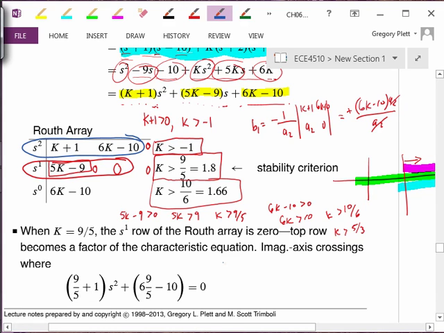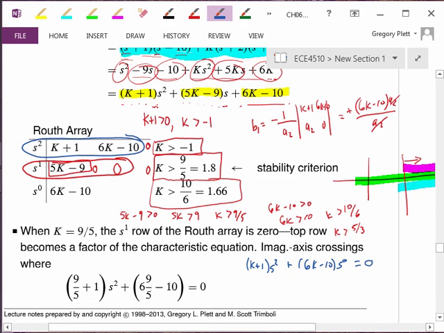So I've got k plus 1 times s squared plus 6k minus 10 as the A1 row I would figure out. So k plus 1 all times s squared plus 6k minus 10 times s to the 0 equals 0 is a factor when k equals 1.8.